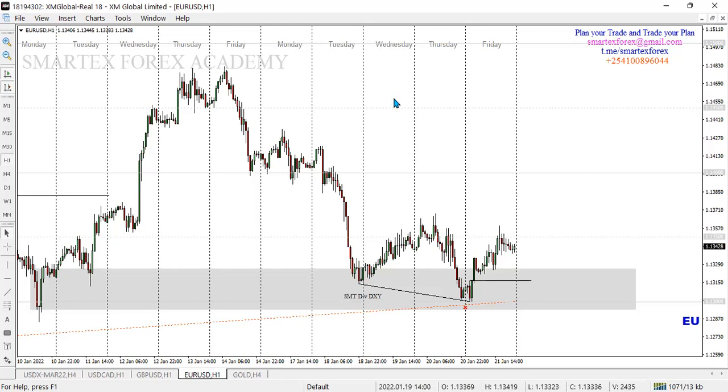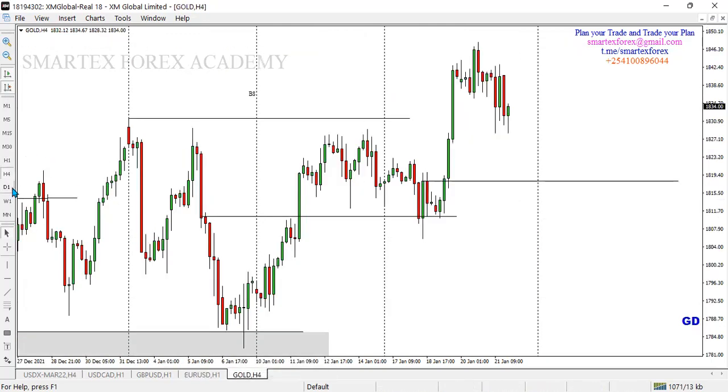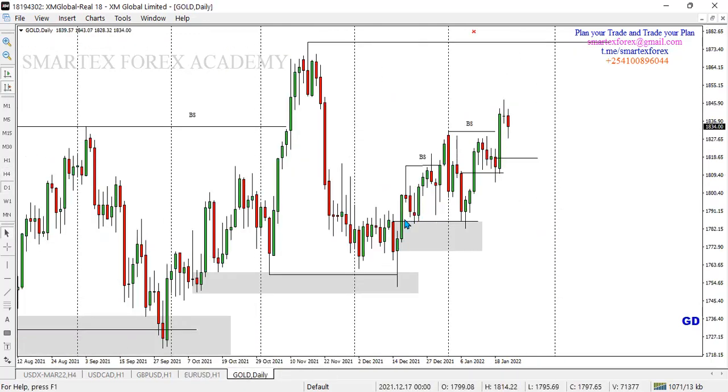Right. So guys, that's what I have for you. Oh, gold. Gold in daily time frame. We will see we have had break of structure, return, break of structure, return, and now we have a break of structure. So we're still being drawn to this high.